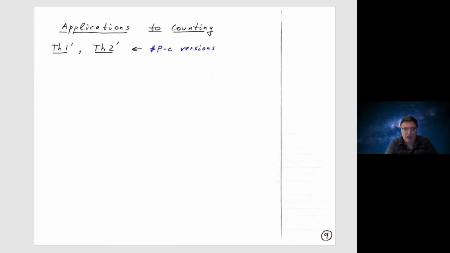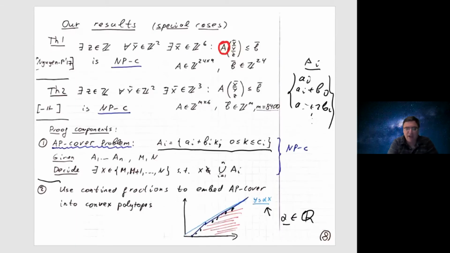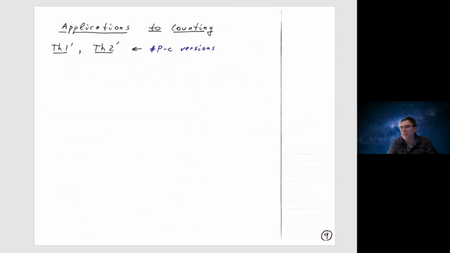So now I want to mention a couple of applications to counting. The first application is that both theorems 1 and 2 that I showed on the previous slide are actually going to have counting versions. So if instead of the decision problems that I'm giving here, I'm asking how many solutions there are, that's going to be Sharp P complete.